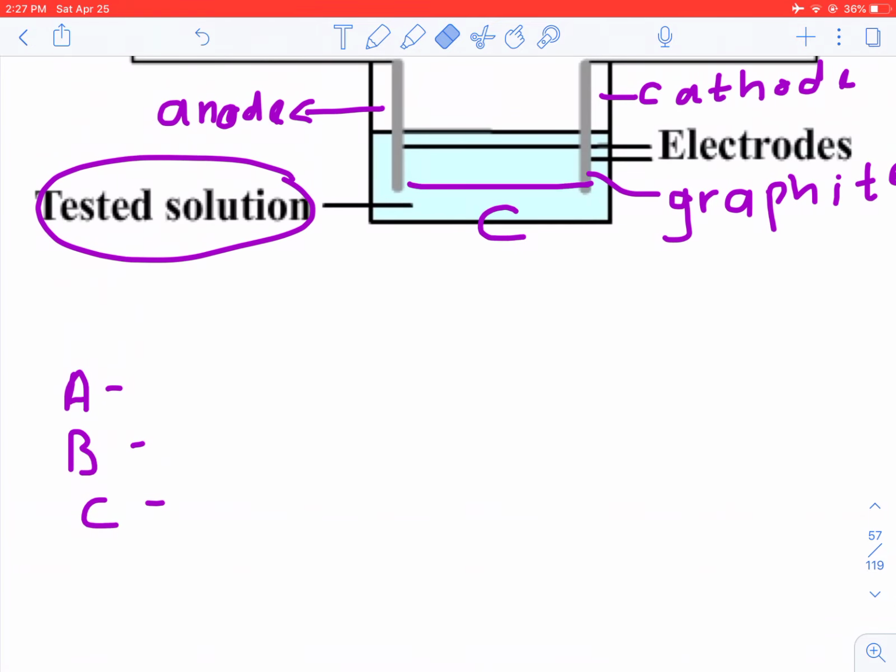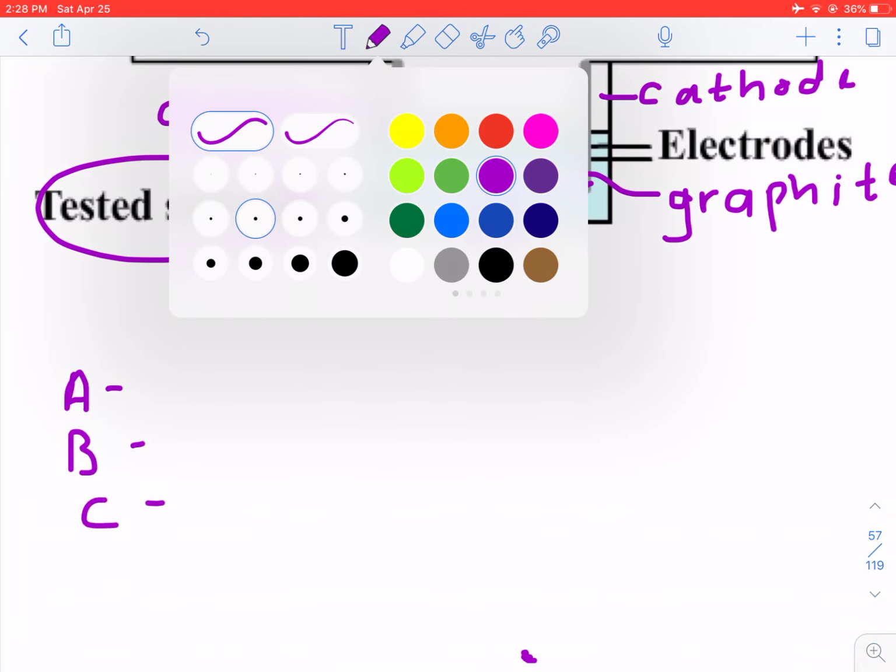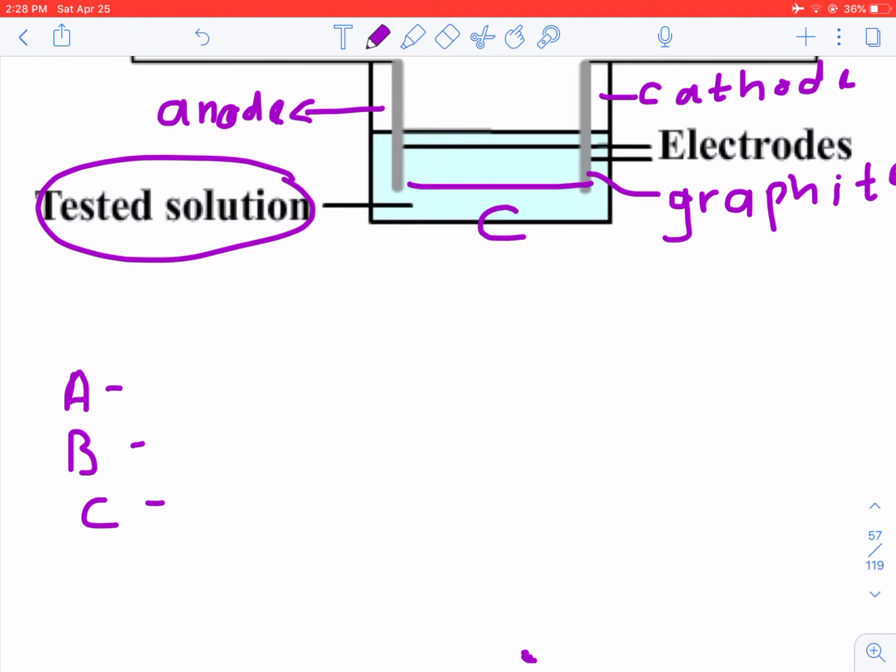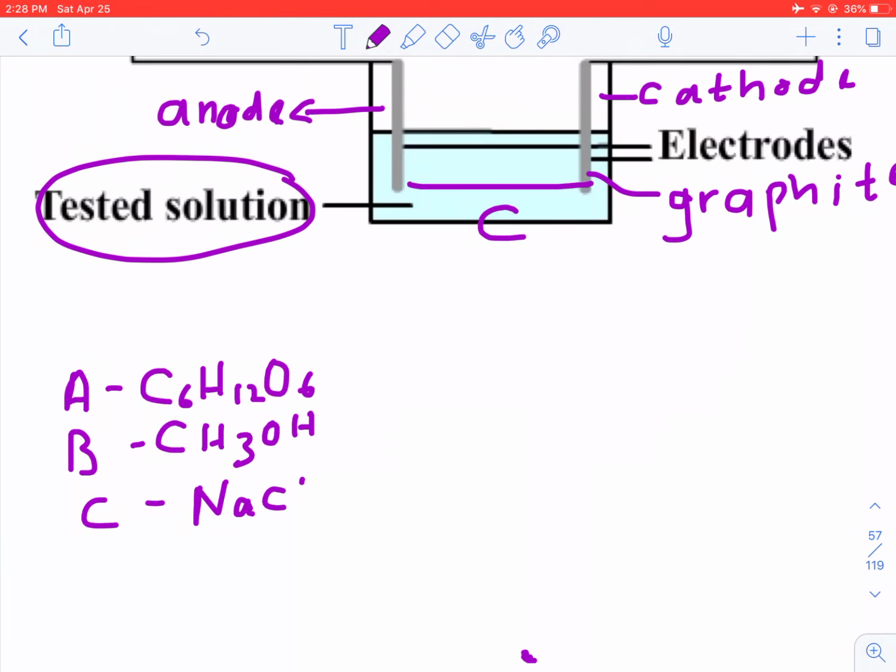Let's say for instance we take A, C6H12O6, then B, CH3OH, which we know is methanol, and then C, NaCl.